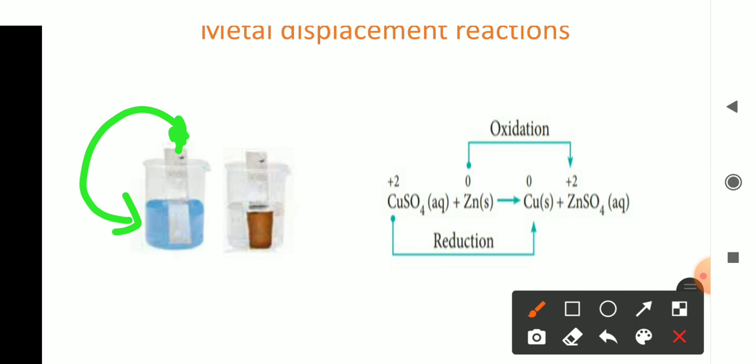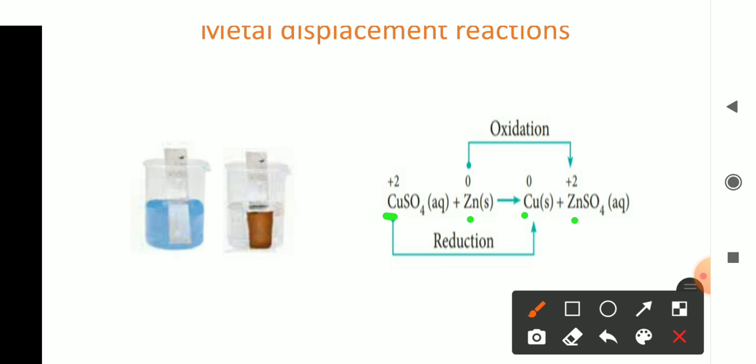Let us see the equation. Look here, CuSO4, which is copper sulfate. In the solution of copper sulfate, what rod is immersed? A zinc rod is immersed. As a result, the place of copper in the copper sulfate solution is occupied by zinc, and the products are metallic copper and zinc sulfate. So clear, students?